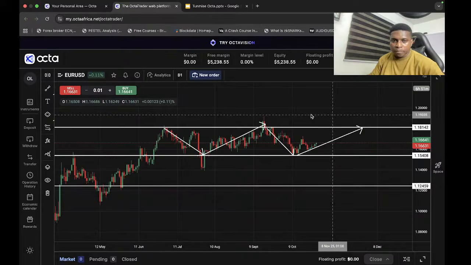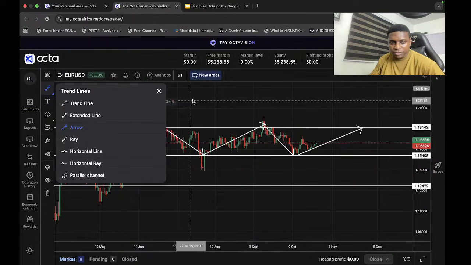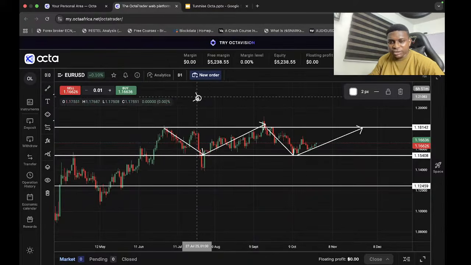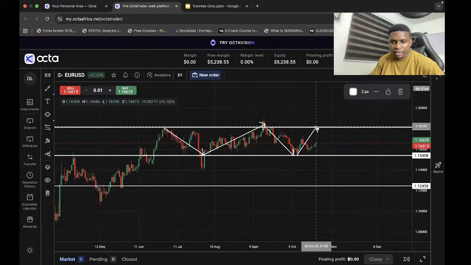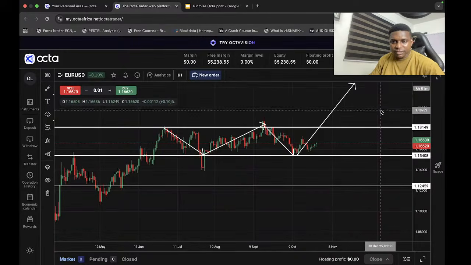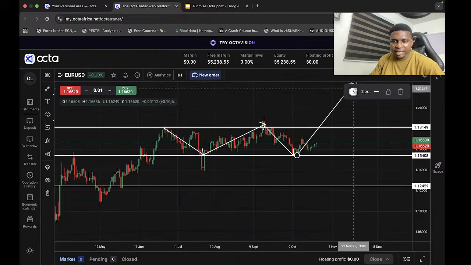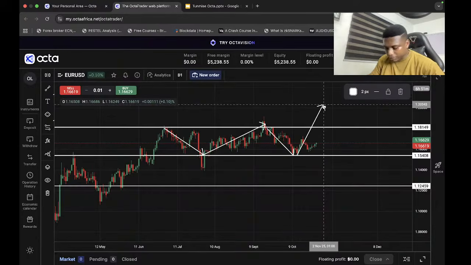One, price can get to this resistance zone and break out to the upside.